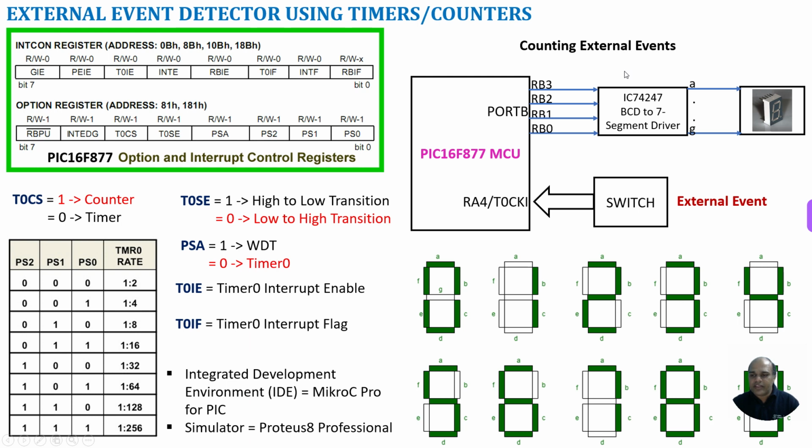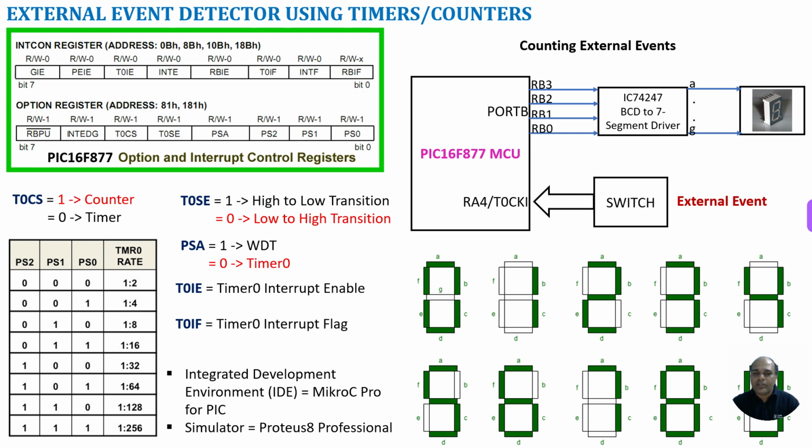So in this tutorial, we are going to connect an external event to the T0CKI pin, which is the timer 0 clock input pin. The event occurrence is done by pressing a switch. Upon event occurrence, the timer 0 register content will be incremented, and that incremented value will be sent to the 7-segment display, where we will see how many times the event has occurred.